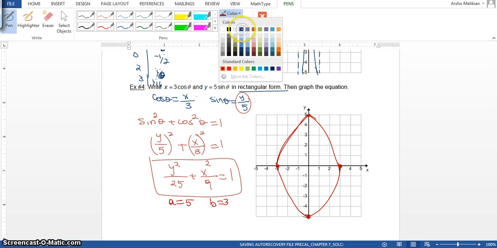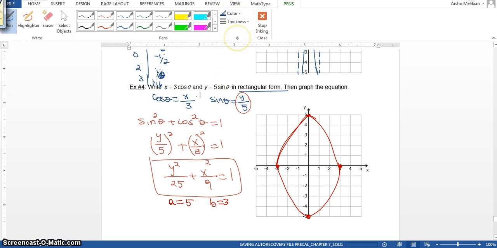Now, our parameter here is theta, okay? So let's pick values for theta, the easy ones. Remember, it goes from 0, pi over 2, pi, and so on.